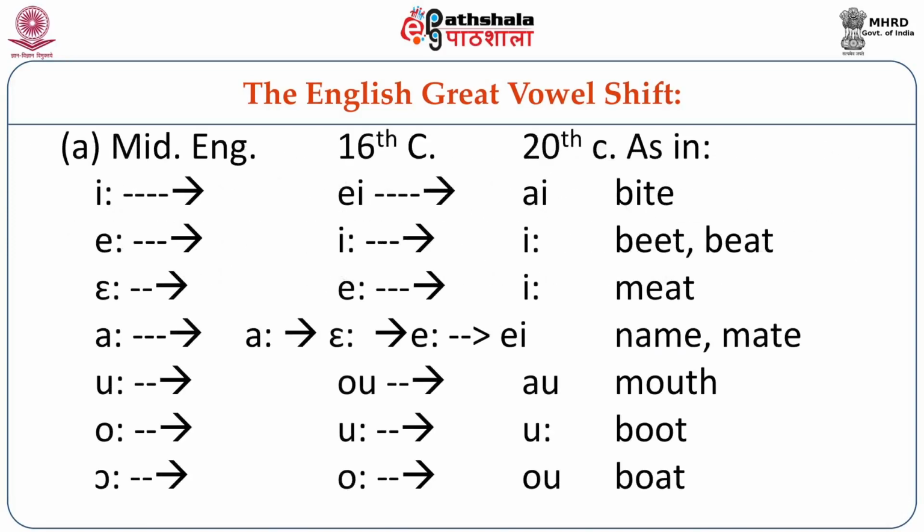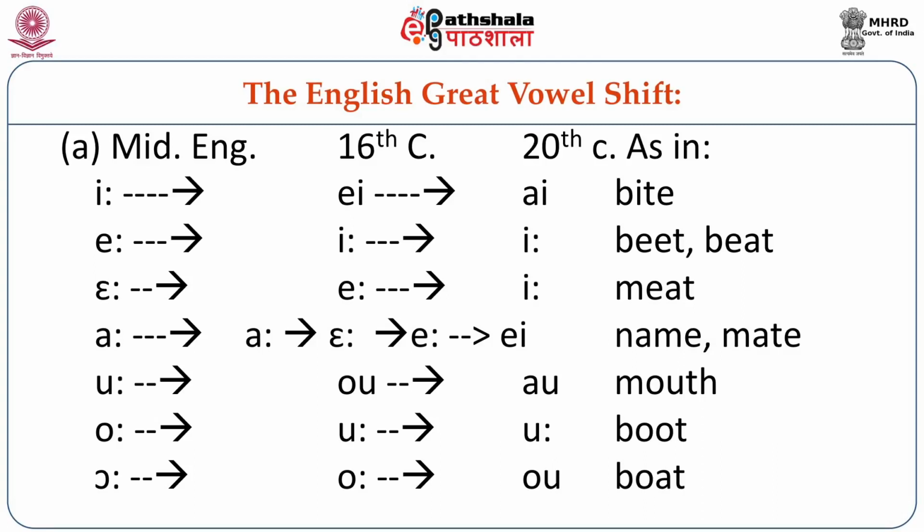The part of this complex development is the Middle English changing to 16th century transition. It is clear from the values mentioned above that what happened overall was this, as can be illustrated from B below.